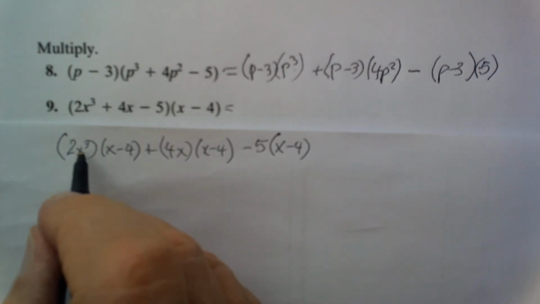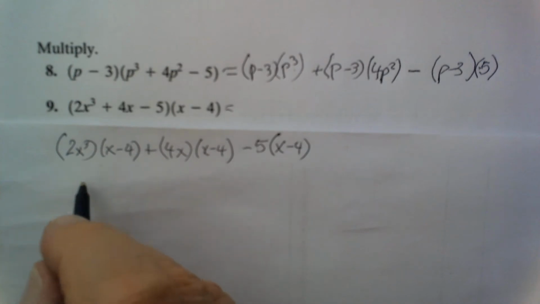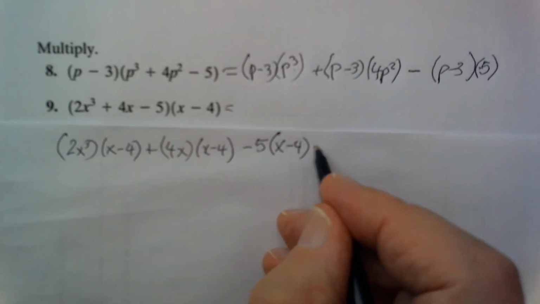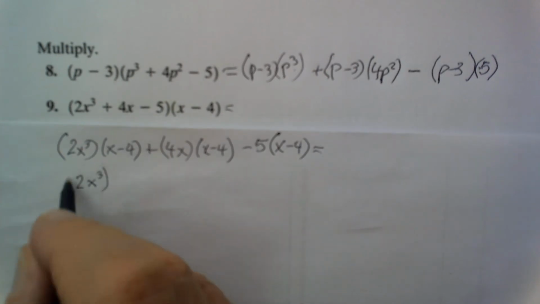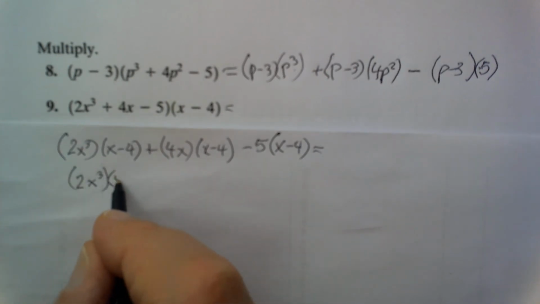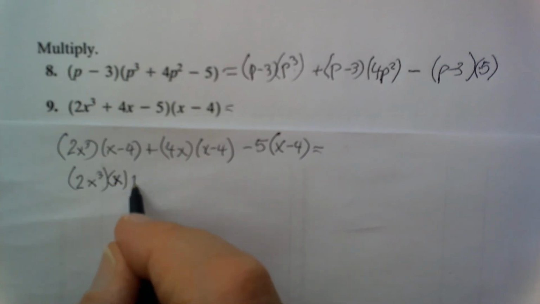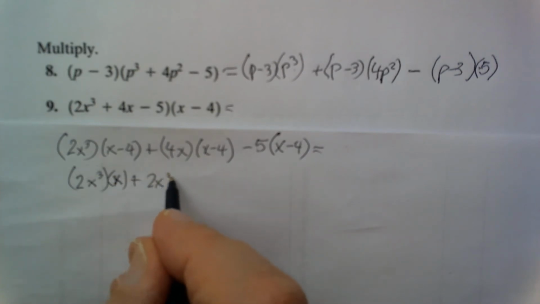So now we use the distributive law again, and 2x to the third times x would be 2x to the third times x plus 2x to the third times minus 4.